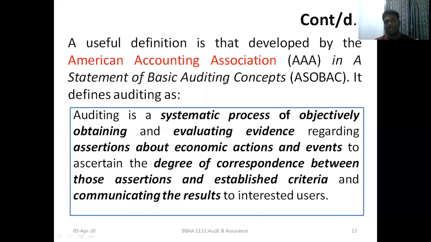This is the definition given by the American Accounting Association.